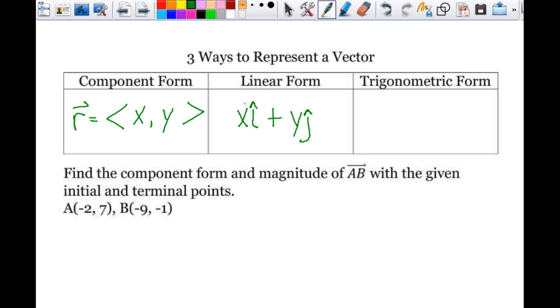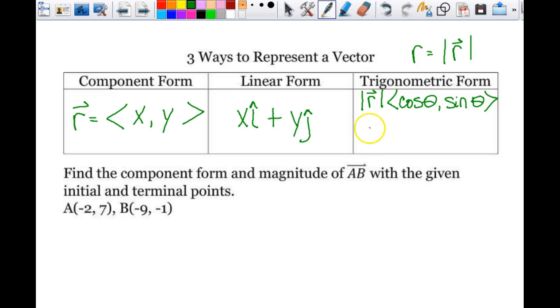Then we have the trigonometric form, and I want to remind you that R just represents the resultant. Okay? We're going to write two different things here, because you can see it this way. The resultant times cosine theta, sine theta. Right? And that is your scalar multiplication, where the resultant is the scalar.